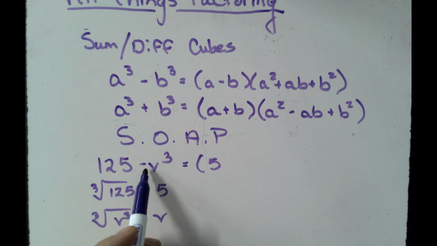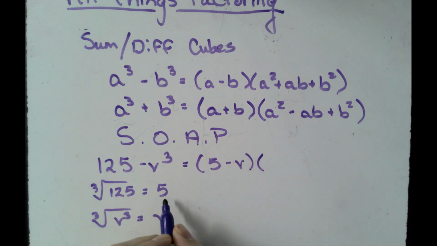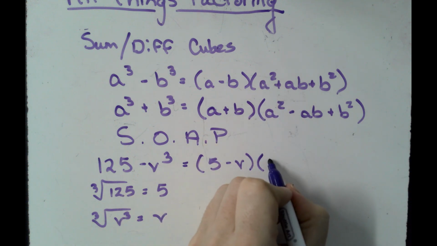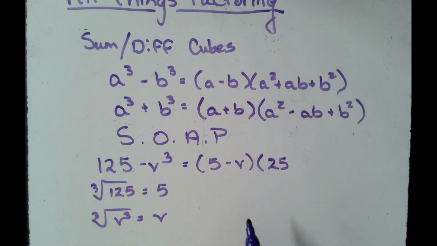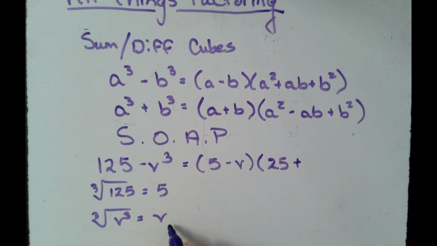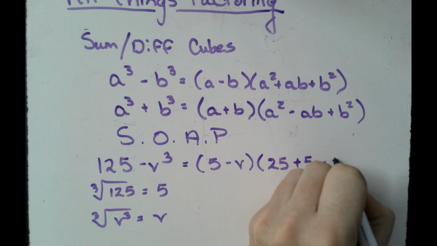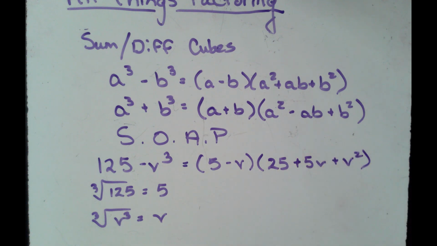Same sign as the minus, so minus v. Let's take 5 and square it, making 25. Opposite from SOAP is going to give me plus 5 times v, 5v, always positive on b squared, and that's going to be plus v squared. This would be a difference of cubes situation.